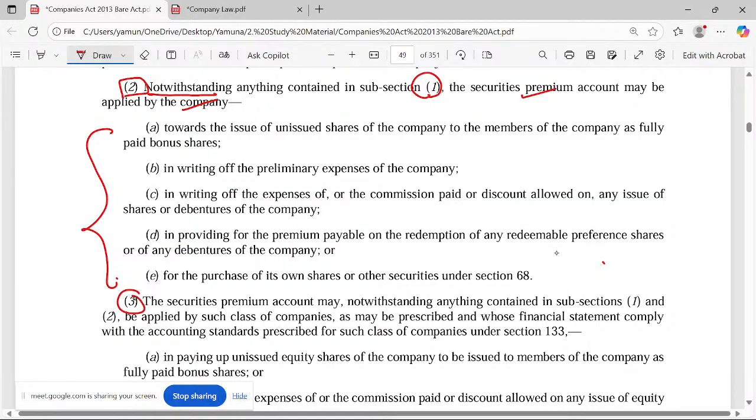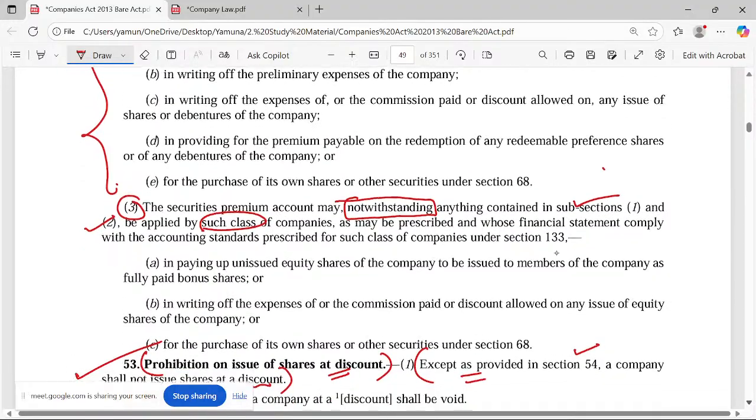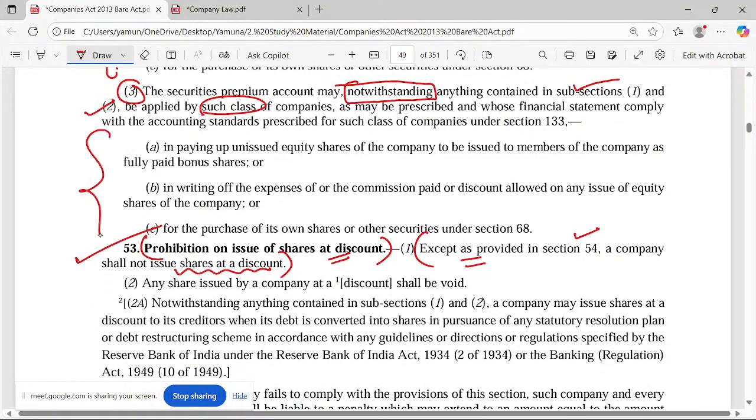What the third point says is the securities premium account may, notwithstanding, with respect to subsection 1 and subsection 2, which means even though it is said in subsection 2, for such class of company, you can apply the amount only for these three cases. Okay, as may be prescribed, or whose financial statement comply with the accounting standards under section 133.